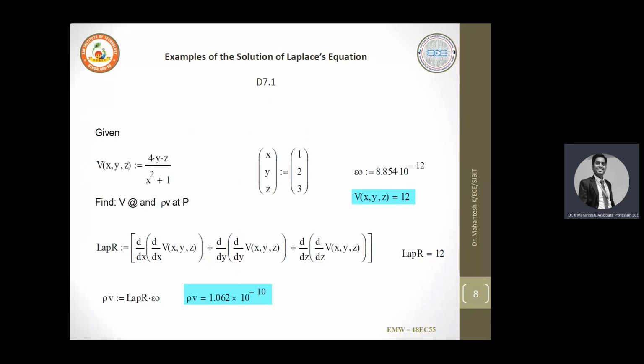Therefore, Laplacian of V is given by 12. Therefore, rho V is equal to minus Laplacian of V times epsilon naught. Rho V is equal to 1.062 into 10 power minus 10 coulombs per meter cube.